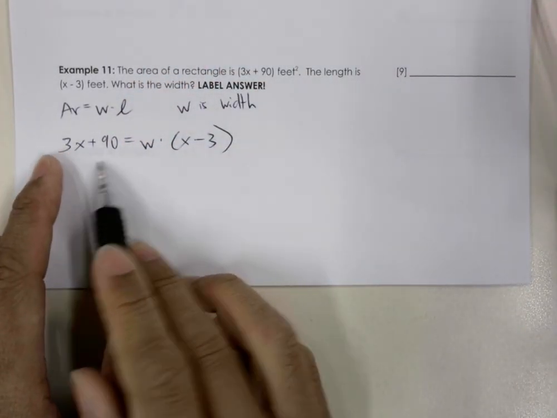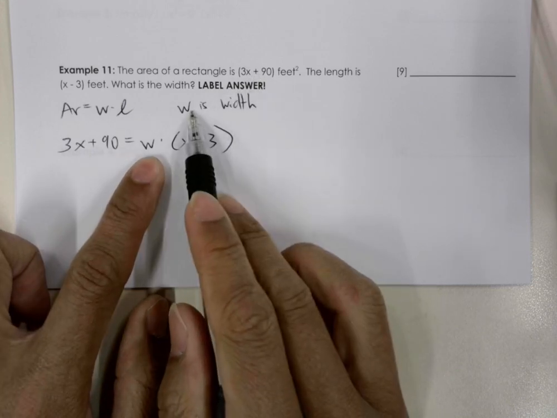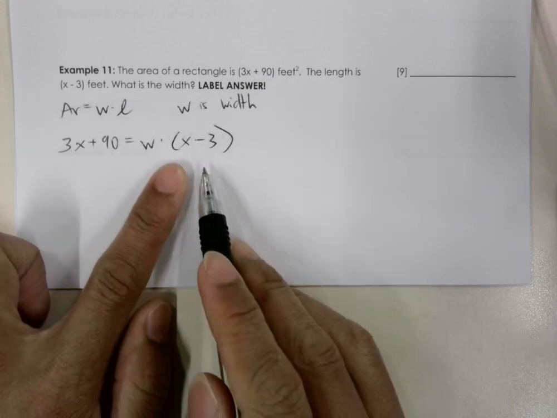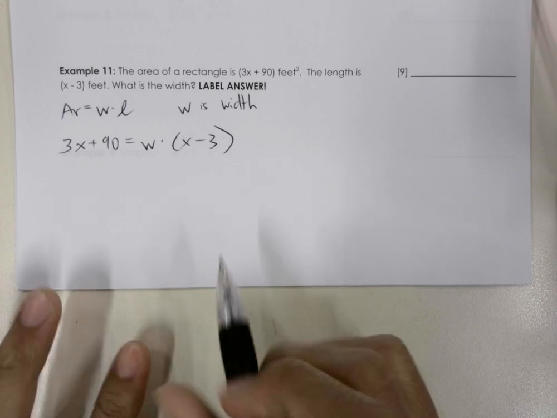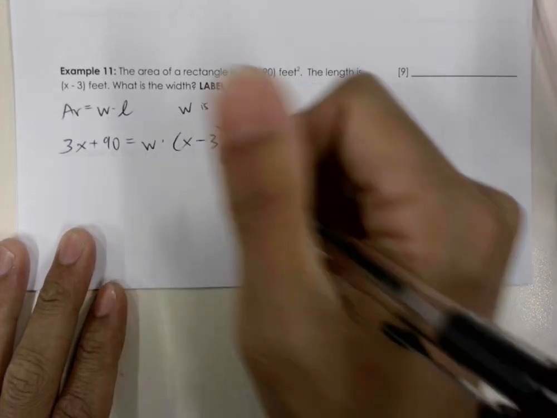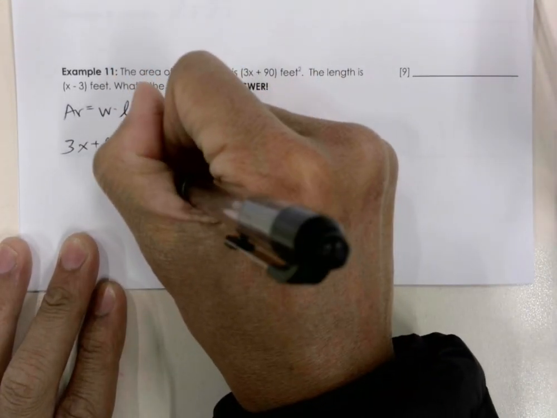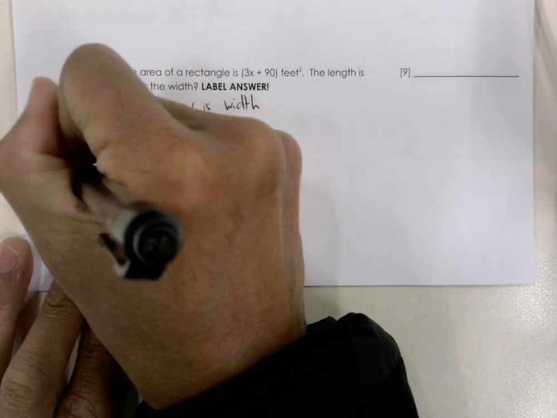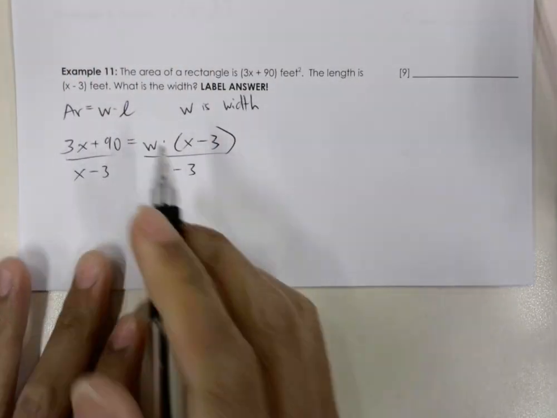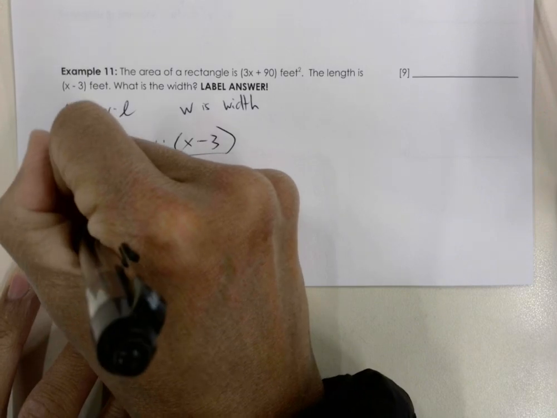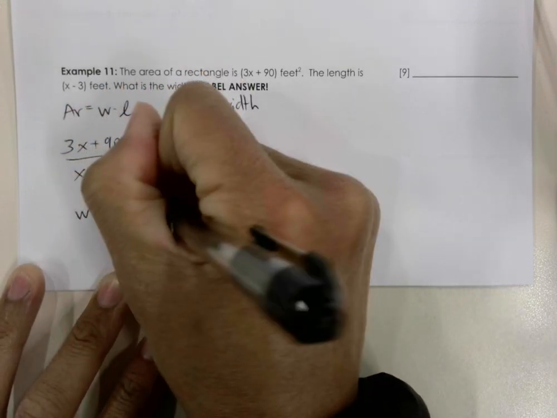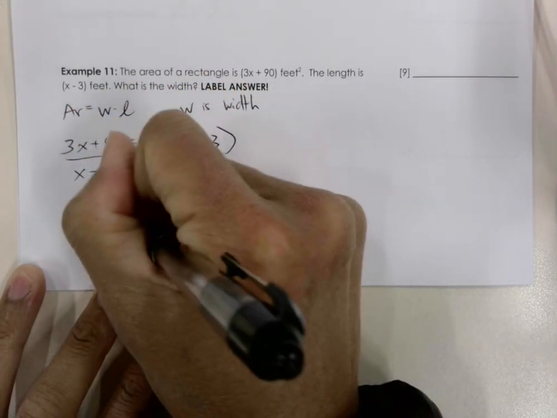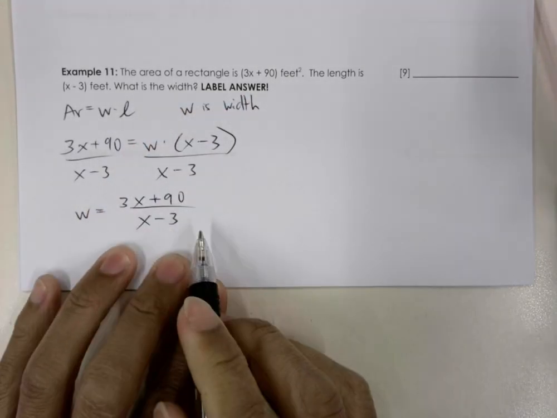All right, so area is equal to width times x minus 3, the length. So now we need to solve for width. So how can we do that? We're going to divide by x minus 3 on both sides. And now we have a division problem, right? So we're going to rewrite this as the width is equal to 3x plus 90 over x minus 3.